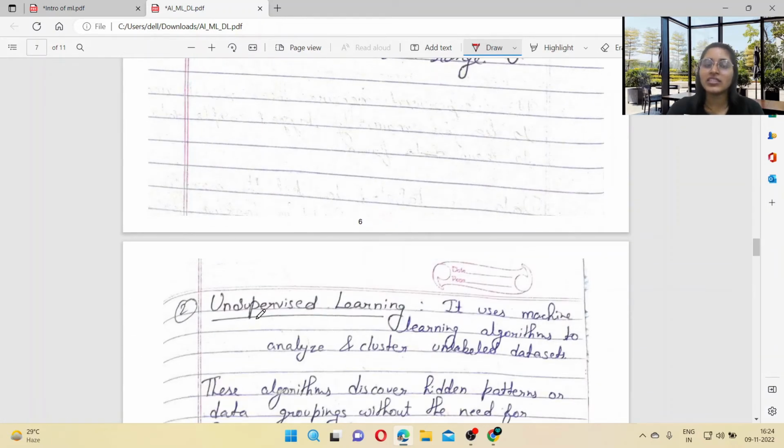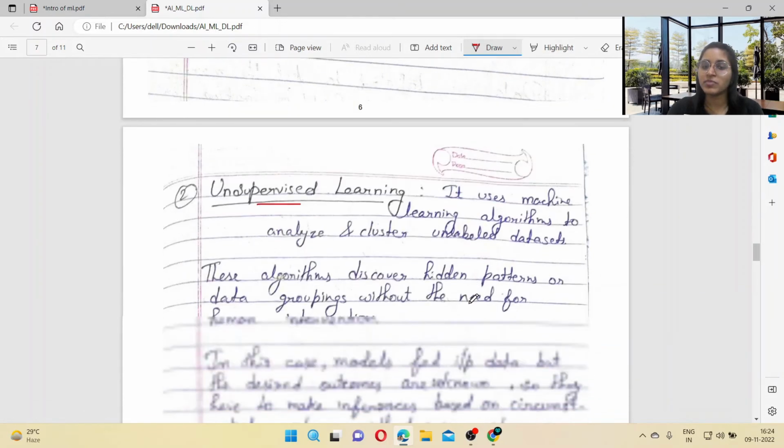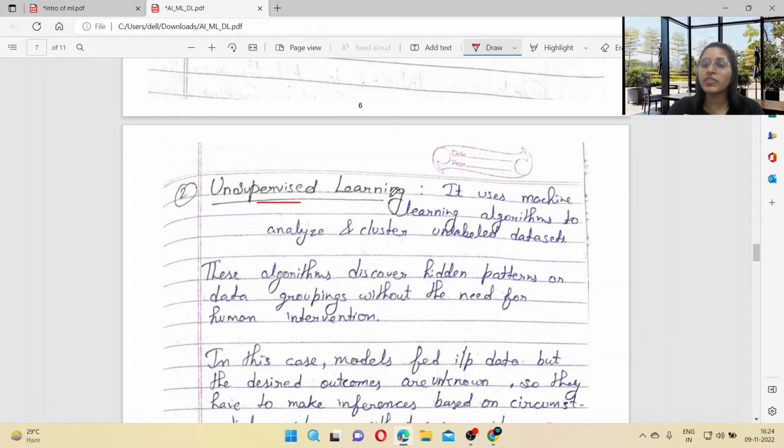Now let's discuss the second type of machine learning, which is unsupervised machine learning. So what is unsupervised machine learning? In unsupervised machine learning, you don't need to provide input and output. You just provide data, and it automatically finds the similar data and makes clusters of that data.